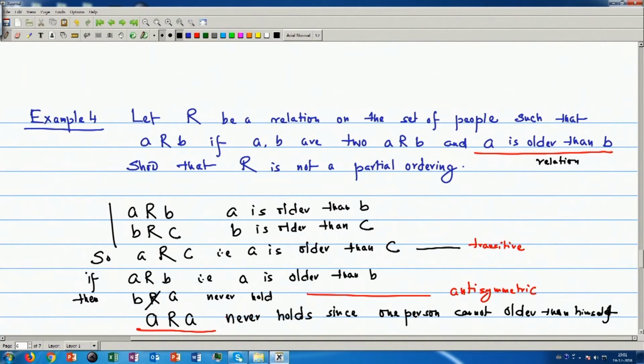So, it is not reflexive. So, the relation is not reflexive. The conclusion is that R is not a partial ordering.